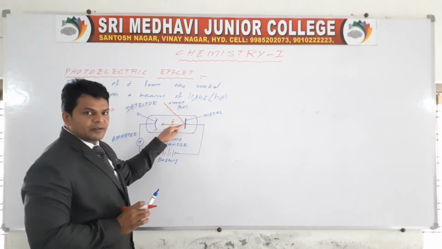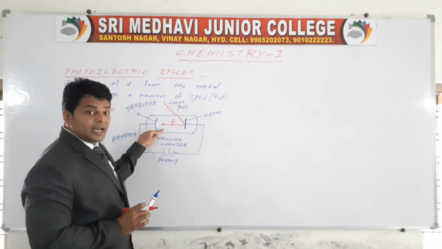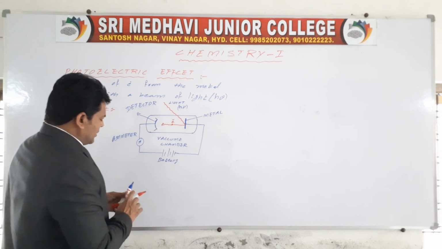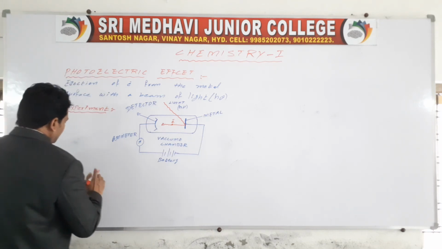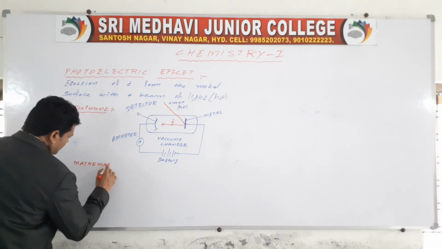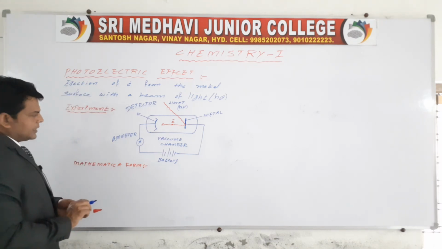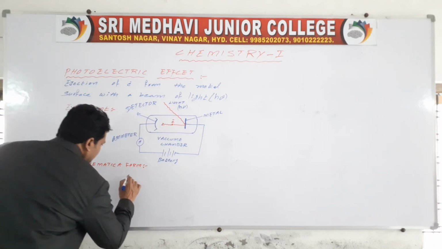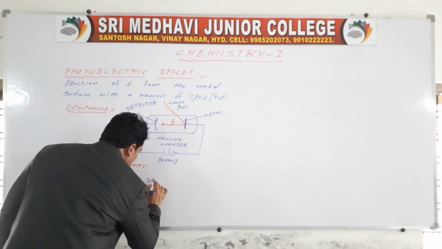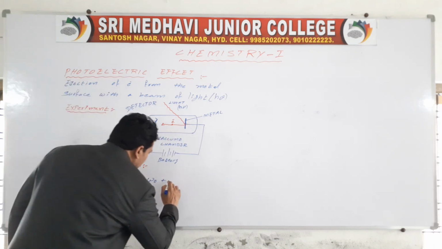Removing the electron is the work done, W naught. Throwing the electron gives it kinetic energy, Ke. In mathematical form, E equals W naught plus Ke.